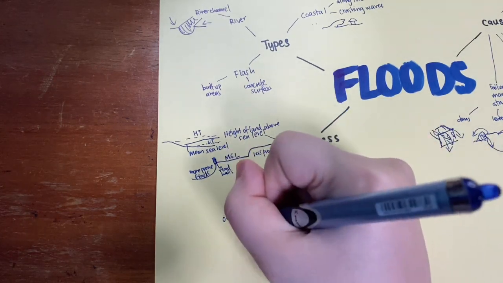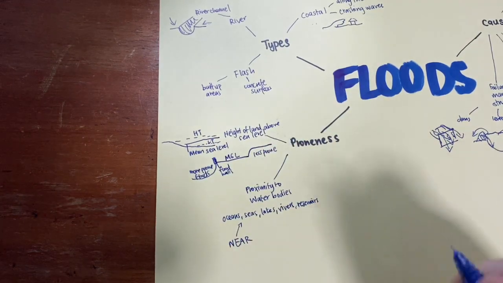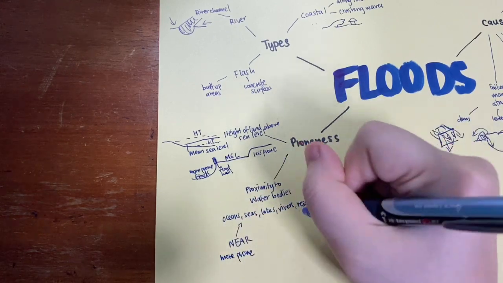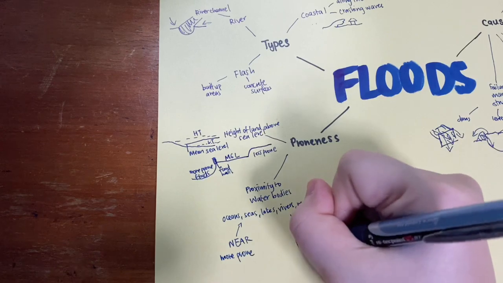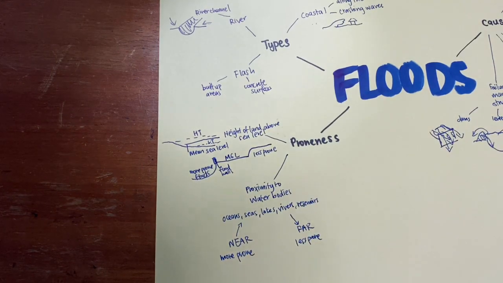So if you are living very near, it just means that you are more prone to floods. But if you are living very far, it just means you are less prone to floods. It's as simple as that.